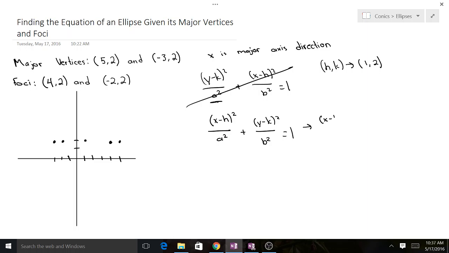Now we can start modifying the formula: (x - 1)^2 over a^2 plus (y - 2)^2 over b^2 equals 1.